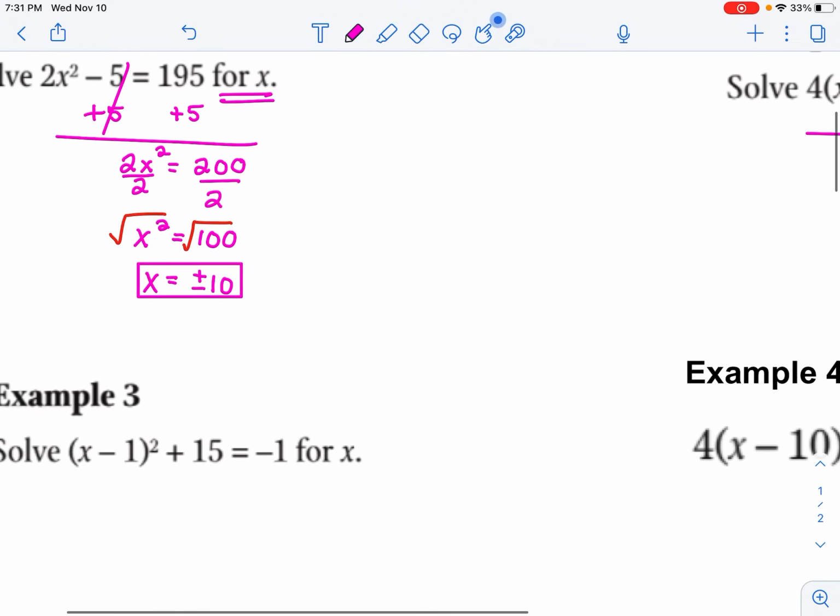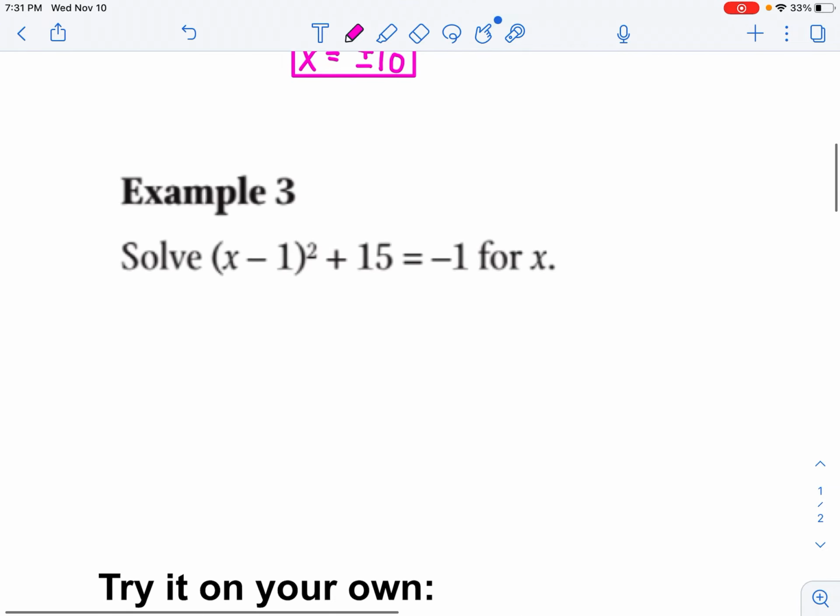All right, if you look at example 3, it says solve (x - 1)² + 15 = -1. Well, again, we're going to deal with that square term last. So let's go ahead and take this plus 15 and move it to the opposite side of the equation by subtracting 15.